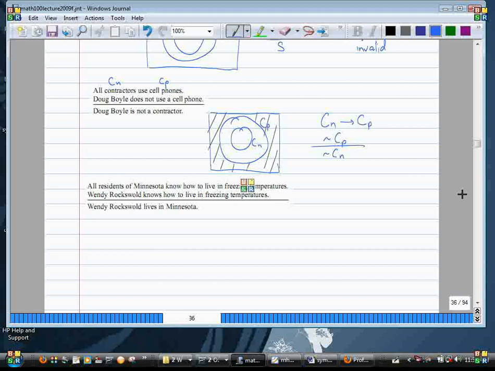Let's draw up the logic notation. So in logic notation, how does this go? So let's call being in Minnesota M, and living in freezing temperatures, let's call that F. So how can we write out the first statement? Okay, you want to do the diagram? That's good too.